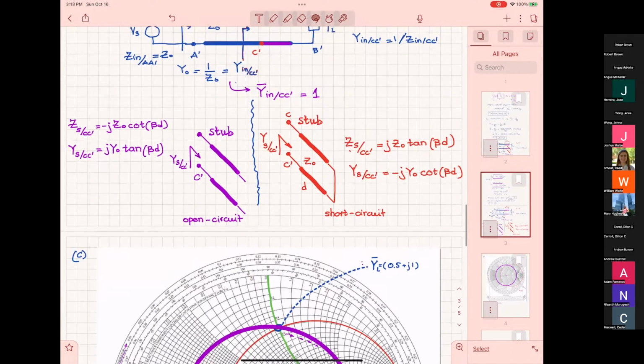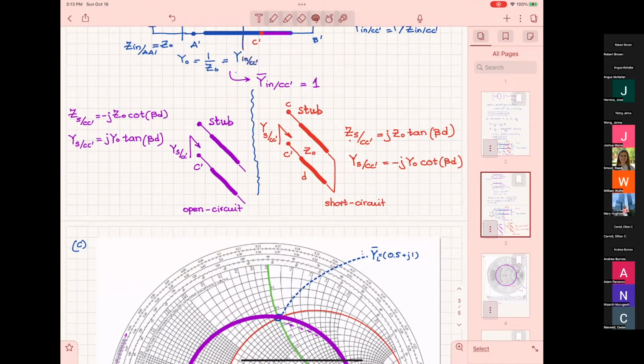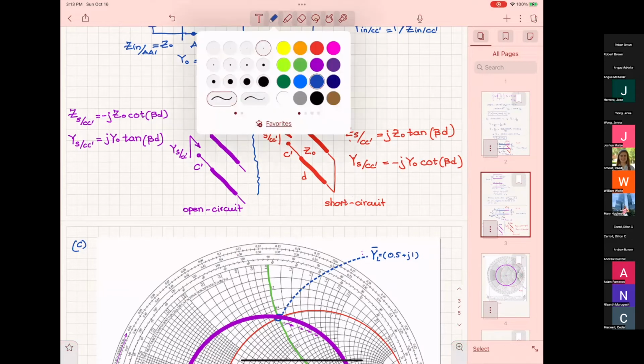Is D the distance from the load? No, this is the length of the stub.